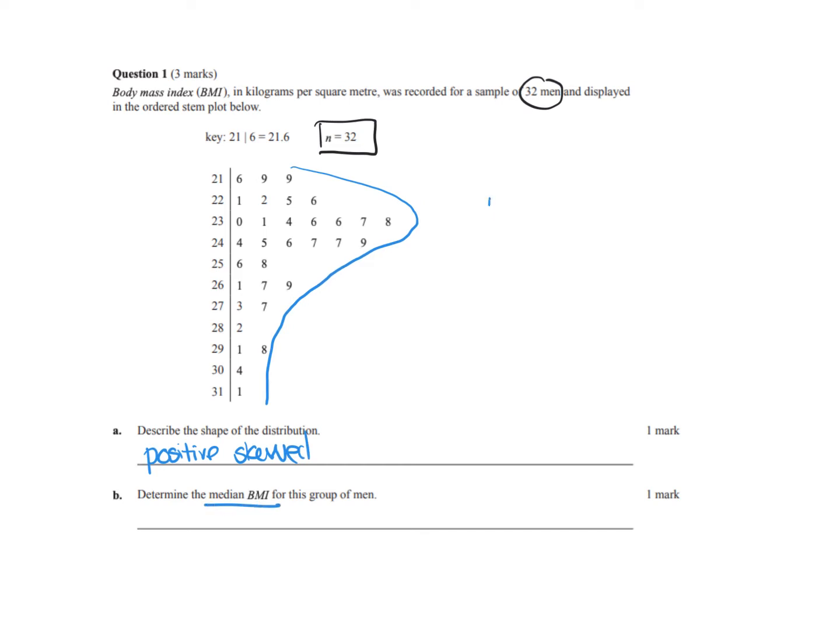We find the median at the (n+1)/2 position, so 32 plus 1 divided by 2, which is 16.5. It's an even number, so it's between the 16th and 17th value.